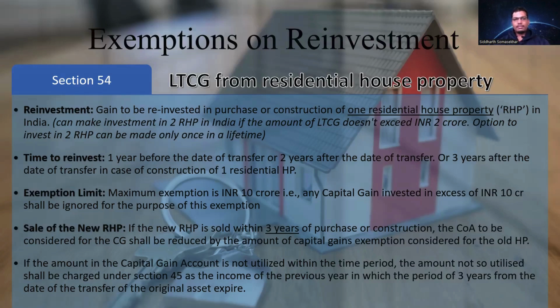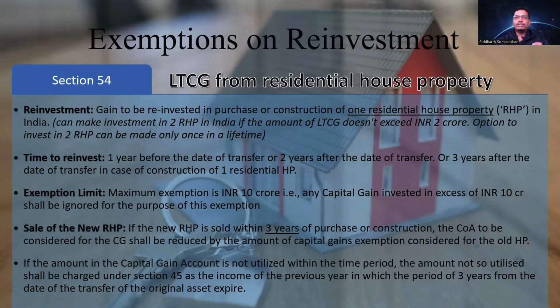Then the last point is, what if the amount in the capital gain account is not utilized within the time period. Capital gain account means: when you sell a residential house property today, you have time to reinvest that amount, 1 year before or 2 years after, or 3 years after if it is construction, which means by the time you file your return of income, it may not have been completely reinvested.